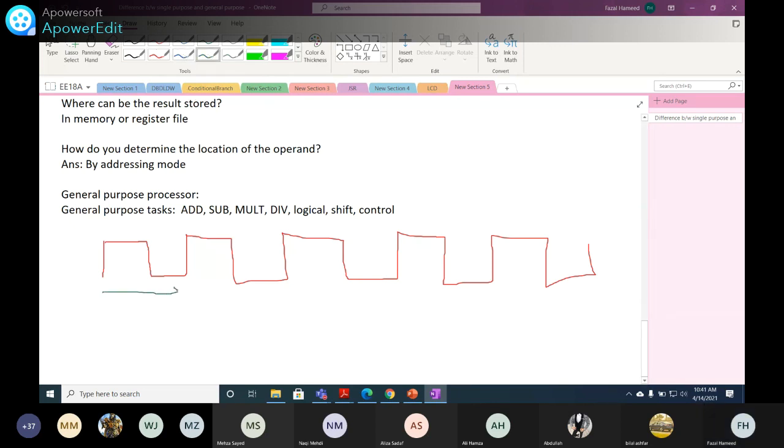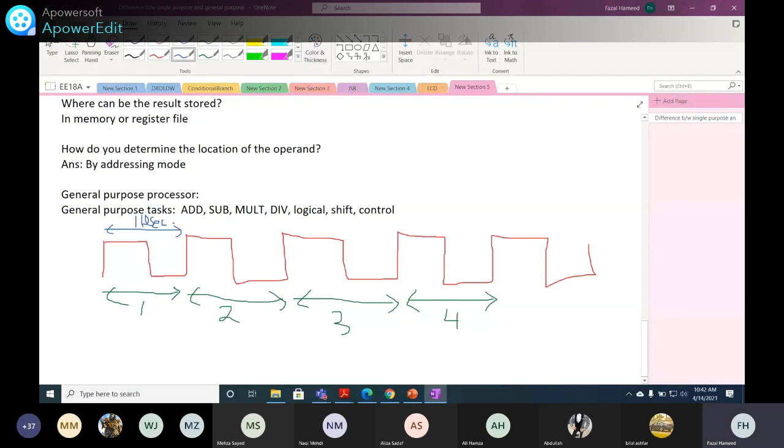So this is clock interval 1, this is clock interval 2, this is clock interval 3, and this is clock interval 4. Let's assume the duration of this clock period is 1 microsecond.